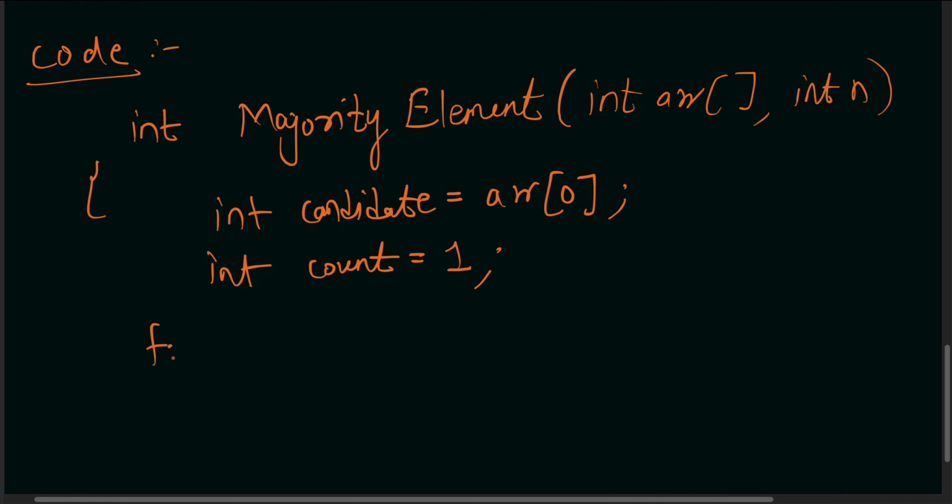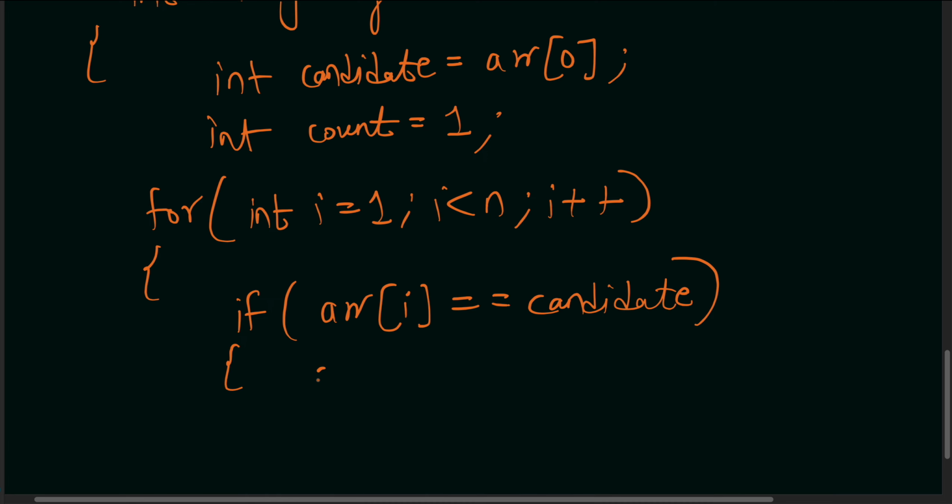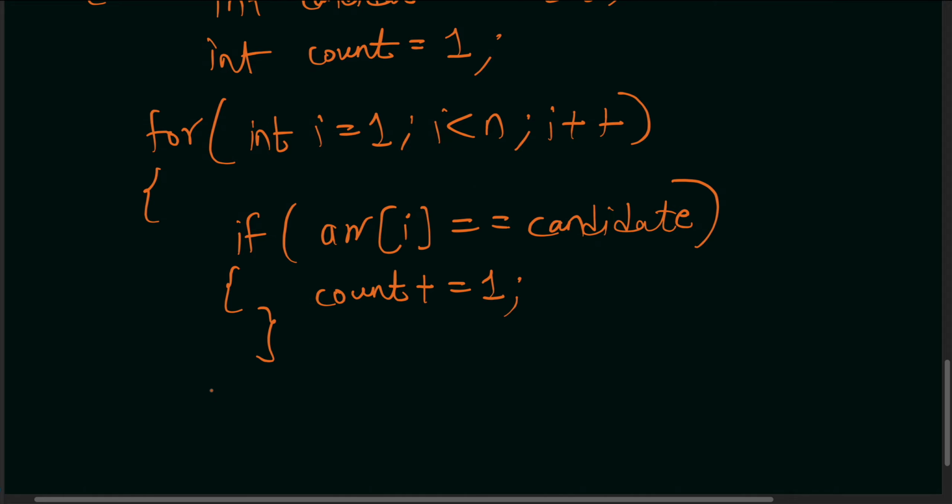Now we will traverse the array. So traversing the array, we will start from I equal to 1, I less than n, and I plus plus, right? What are we checking? We are checking if array of I is equal to candidate, right? If array of I is equal to candidate, then we will increment the count, so count plus equal to 1, right?